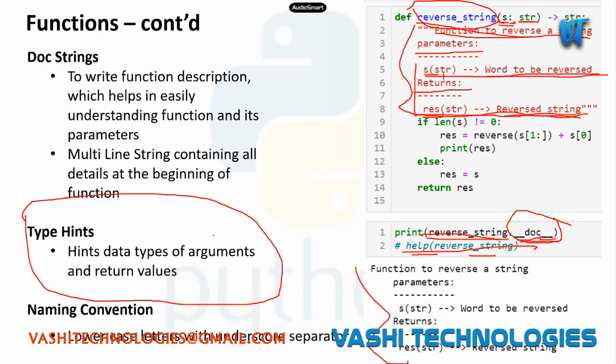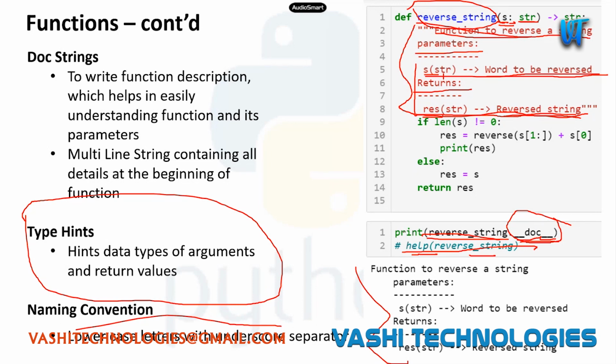And then naming convention. So how will we be naming our functions? As per PEP8, which has defined a set of principles for programming in Python, each function should contain only lowercase letters, and we can use separators in between.